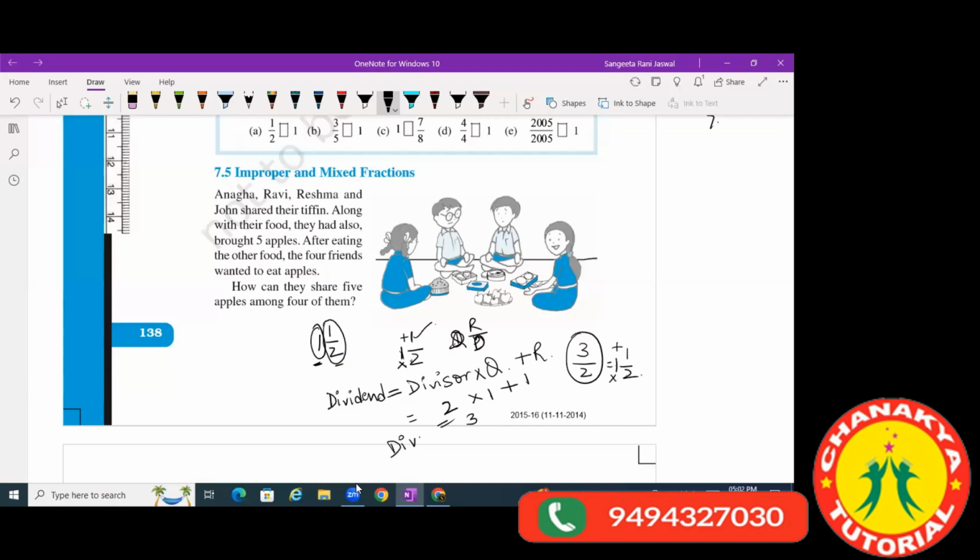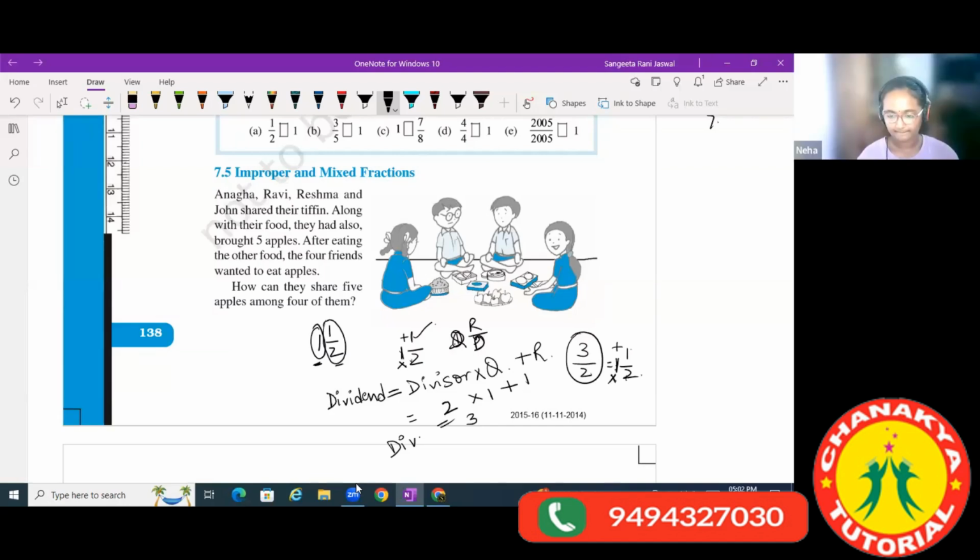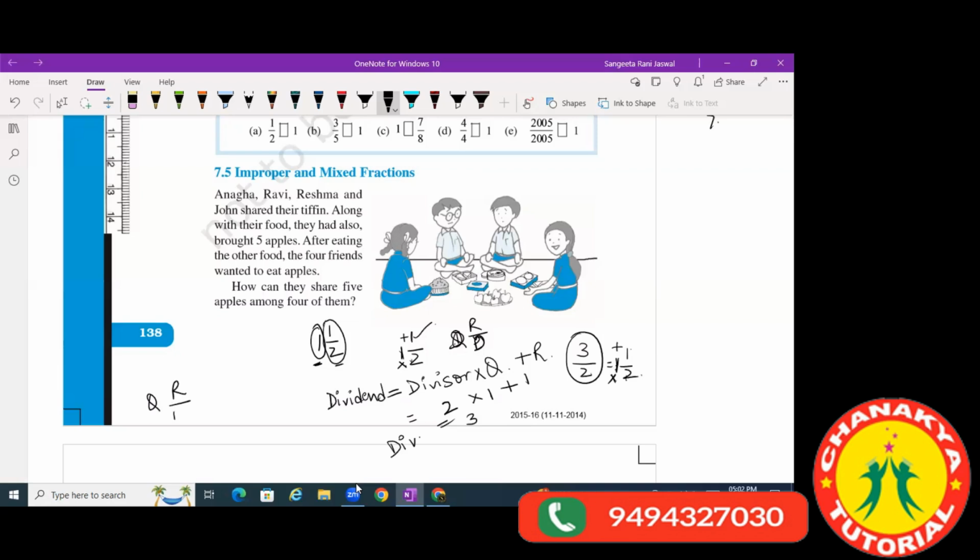So the denominator and the whole number get multiplied and the remainder is added. So divisor into quotient plus remainder.